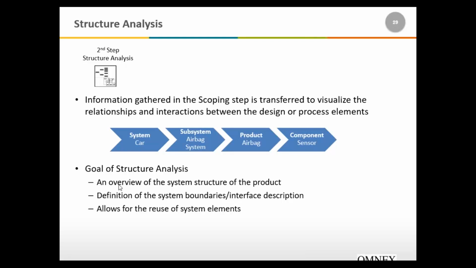So we start off with the system, and in our particular case, we have the airbag subsystem, and then there are products within the airbag subsystem, which is the airbag controls activities, and then one of the components of that would be sensors, the internal sensor that's under our scope. So we want to get an overview of the system structure, where is what.